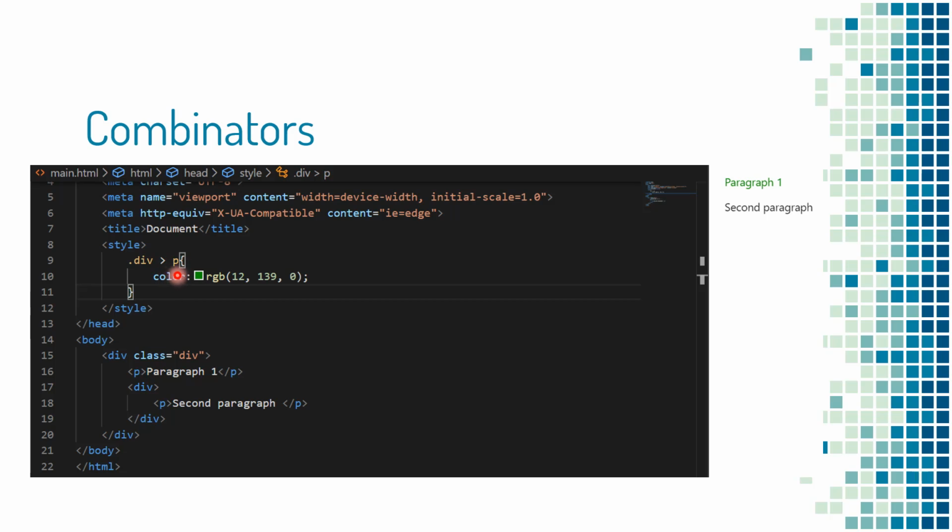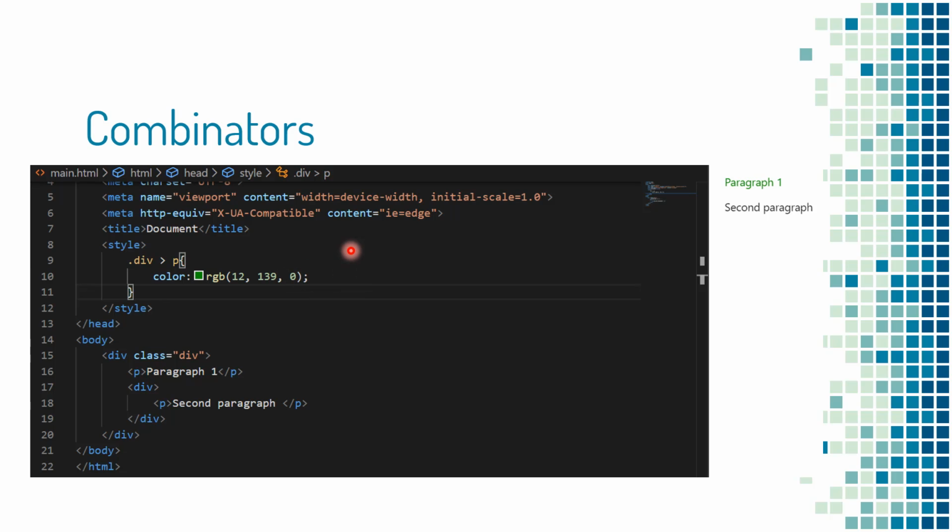The difference between this one and the other one is that this takes the effects of just the direct children. As you can see, paragraph 1 is a direct child of the div, that's why it's taking this effect. But the second paragraph is not a direct child of the div that has the class name, that's why it's not taking the style of this class.